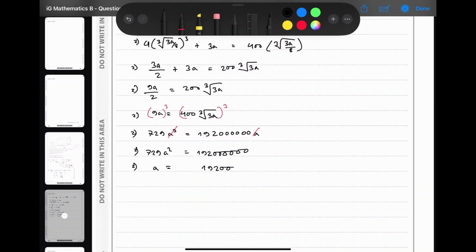After a gruesome simplification, we get our answer of A as 513. Make sure to answer in 3 significant digits.